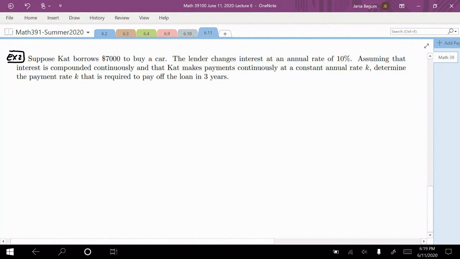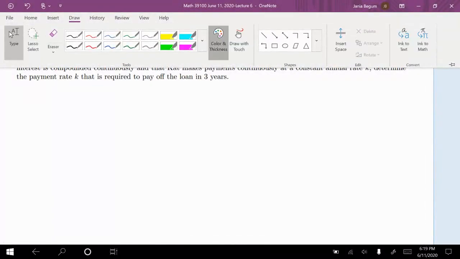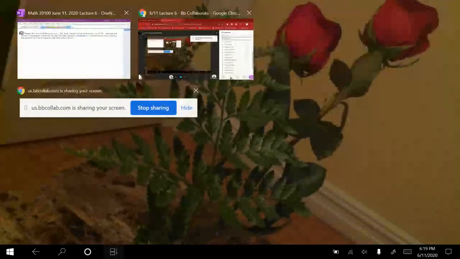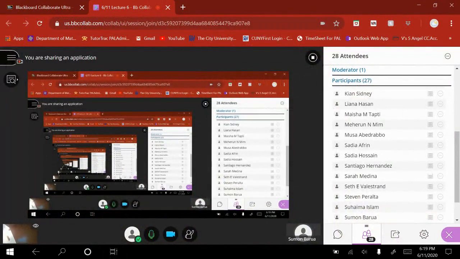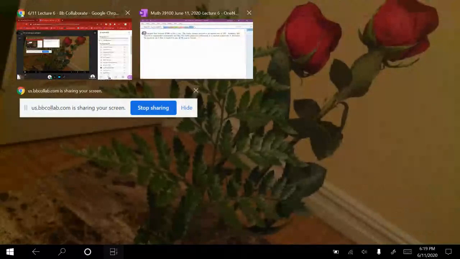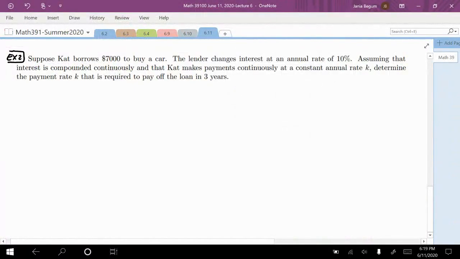All right, so let's start. Kat borrows 7,000. That's sort of like the initial amount, the amount you want to start with. So let me write those down. We have the initial amount, 7,000, and the interest is 10%.